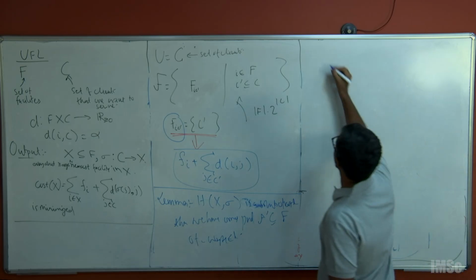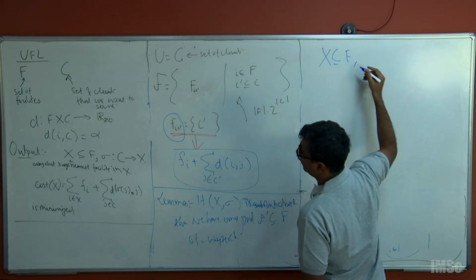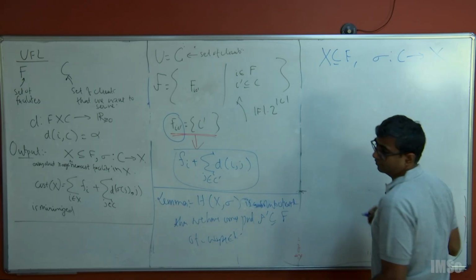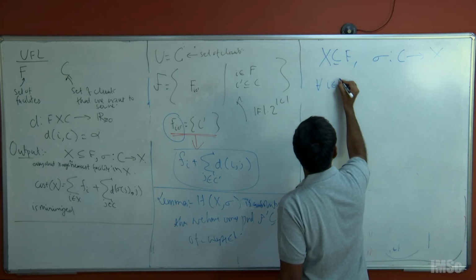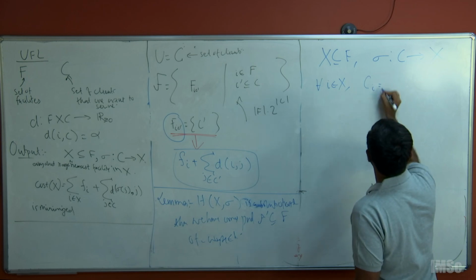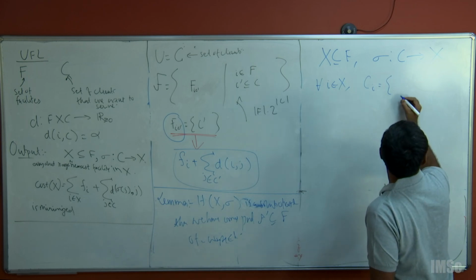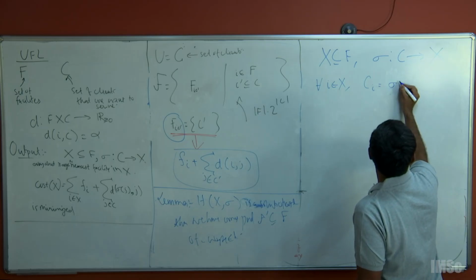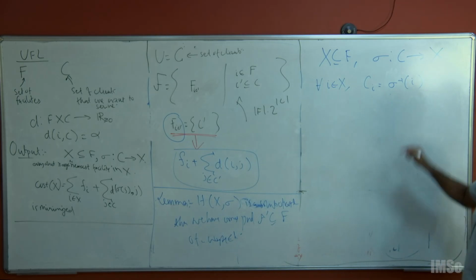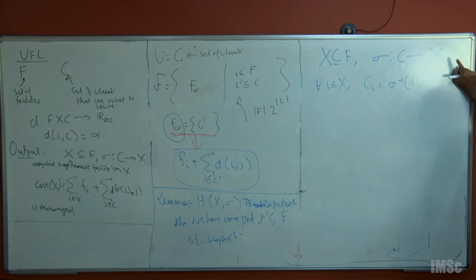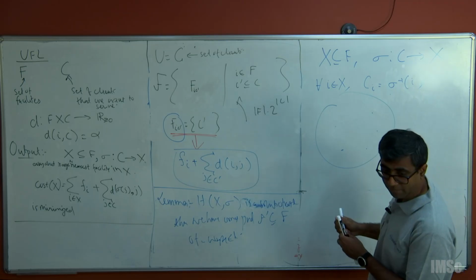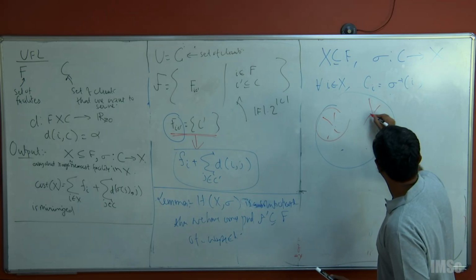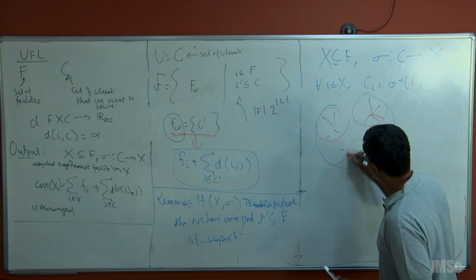You are given X subset of F, and you are given rho from C to X. Now for all I in X, what is C_i? It is basically rho inverse of I, all those elements in clients who map to the facility I. So if I draw a picture, I have opened some facilities, and every client by map rho is assigned to some facility, and it's a partition, right?